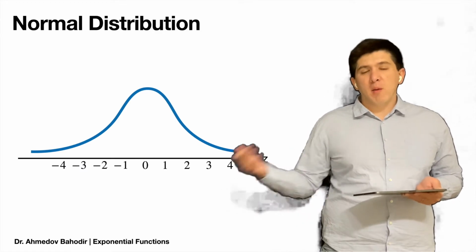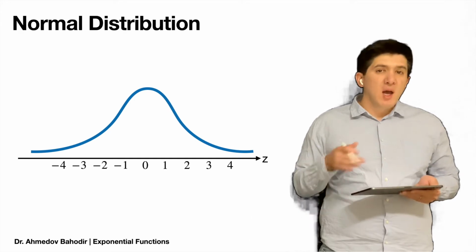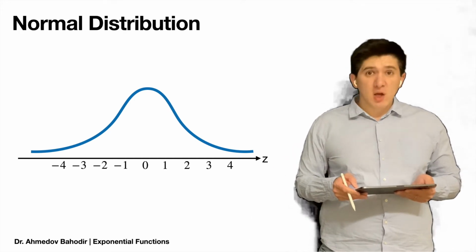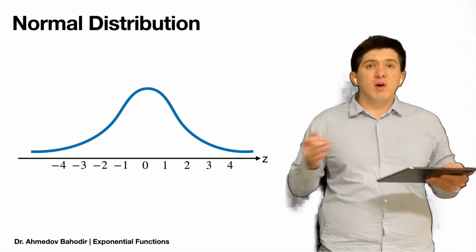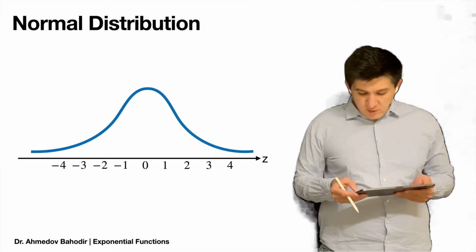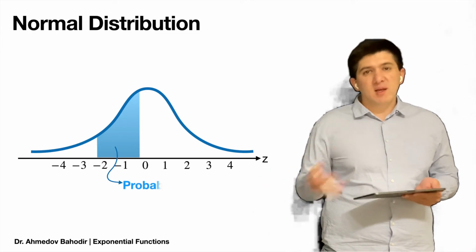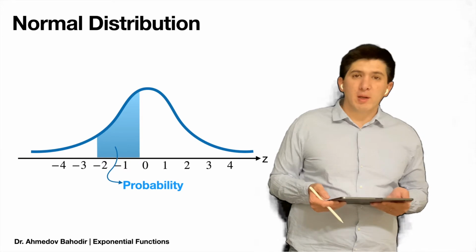Now in probability theory, if I would like to figure out the probability of an event in a certain interval, or for example the number of students who score in a certain interval, then I need to find the area under this curve. In probability theory, this area is going to be the probability.